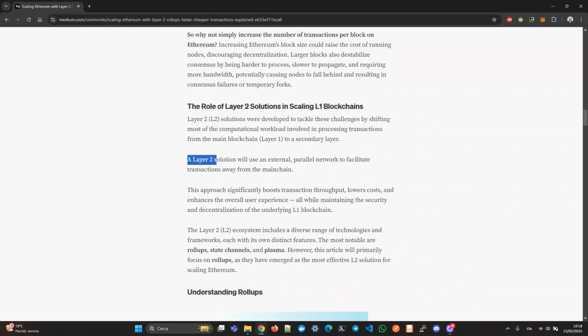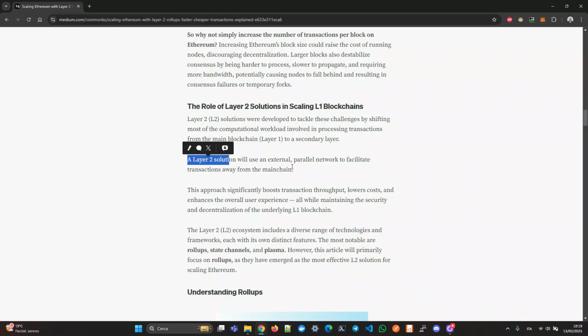Layer 2 blockchains are parallel blockchains to the mainnet. By using a parallel blockchain, we are offloading the transactions from the main chain, the layer 1, to the layer 2, and in this way we can address the scalability issue.